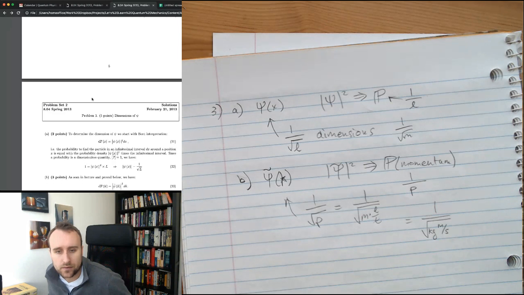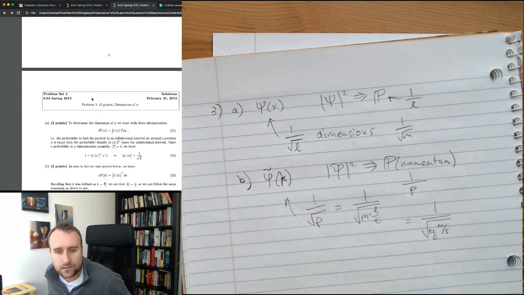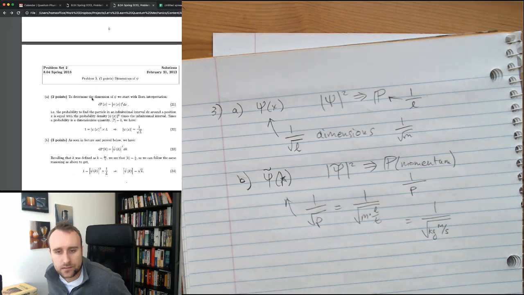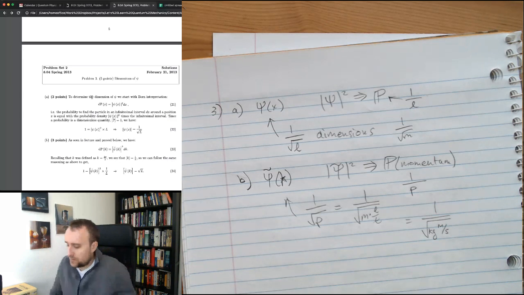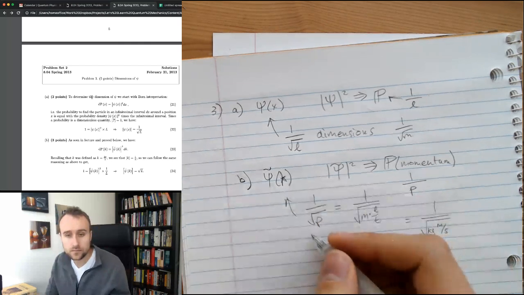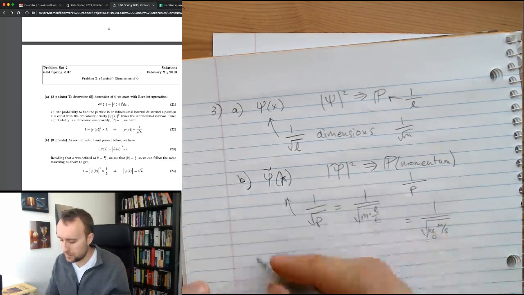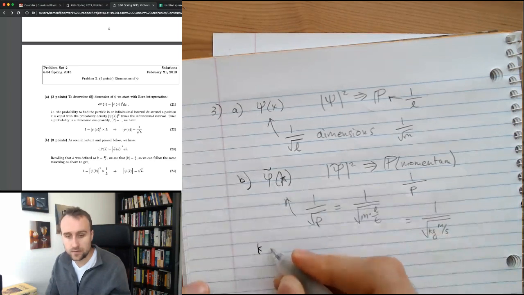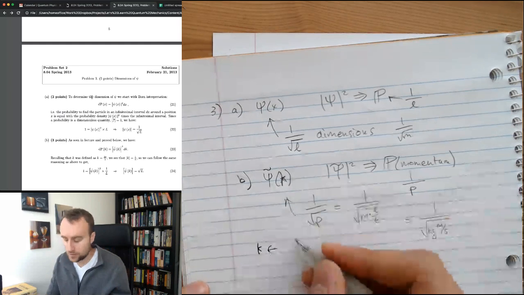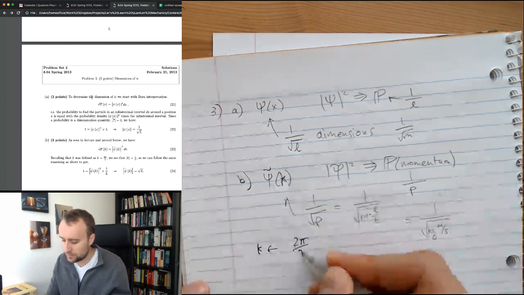We have, okay, so I'm going to put a little note here. So K, this is not momentum, this is the probability of finding a certain wave number, which is equal to 2 pi over lambda.